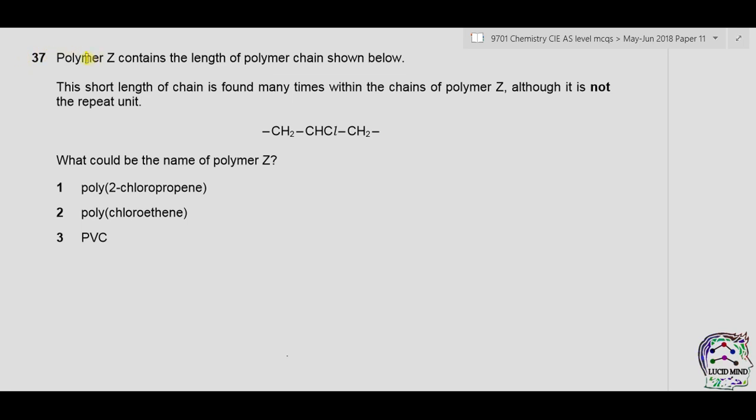Question 37. Polymer Z contains the length of polymer chain shown below. This short length of chain is found many times within the chains of polymer Z, although it is not a repeat unit. This is the chain that is given. What could be the name of polymer Z? First is poly-2-chloropropene. Now the name of the monomer is given, which is 2-chloropropene. Propene is the one having 3 carbon atoms, and on the second carbon we have a chlorine atom.